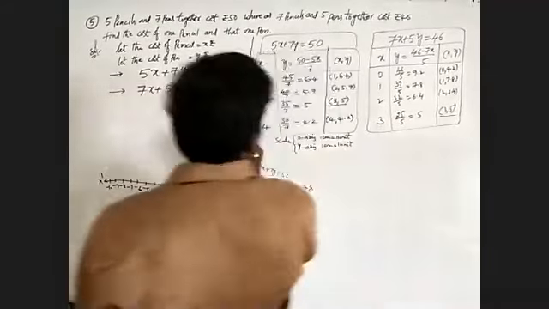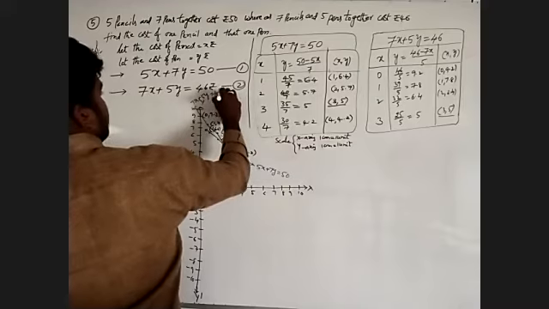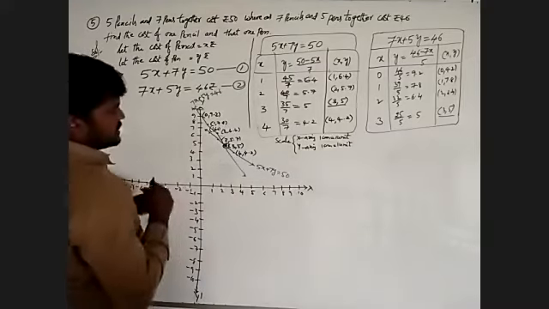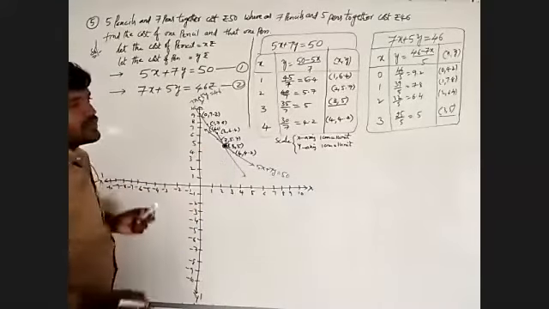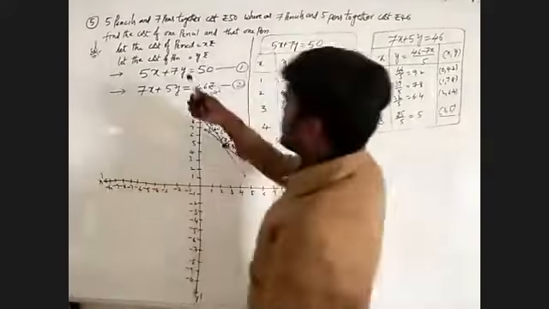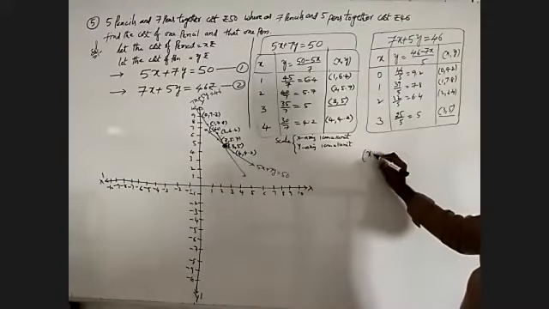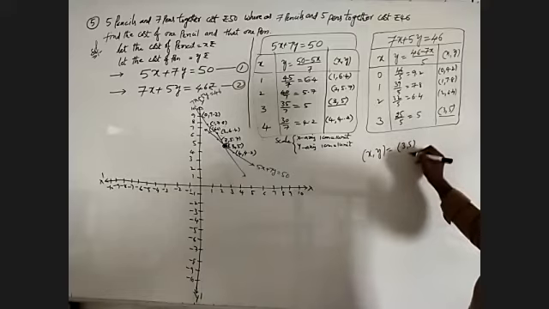The name of the given line is 7x plus 5y equals 46. Both of the linear equations meet at the point (3, 5). What we have to find in this problem is the cost of a pencil and the cost of a pen. Here the coordinate (x, y) must be taken, which is the point (3, 5).